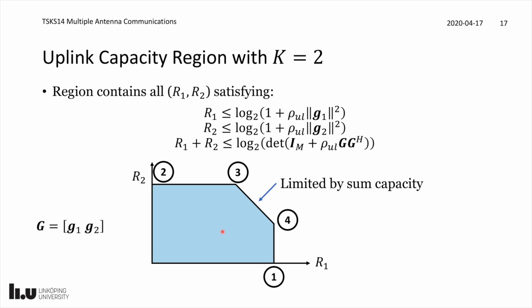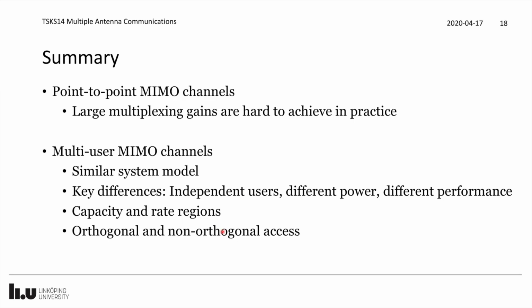So in summary, we wrapped up the point-to-point MIMO channel case by saying that the large multiplexing gains that these types of methods can deliver might be hard to achieve in practice. That motivates why multi-user MIMO channels are of particular interest in the future. We have a similar system model, but some key differences that make the analysis different.